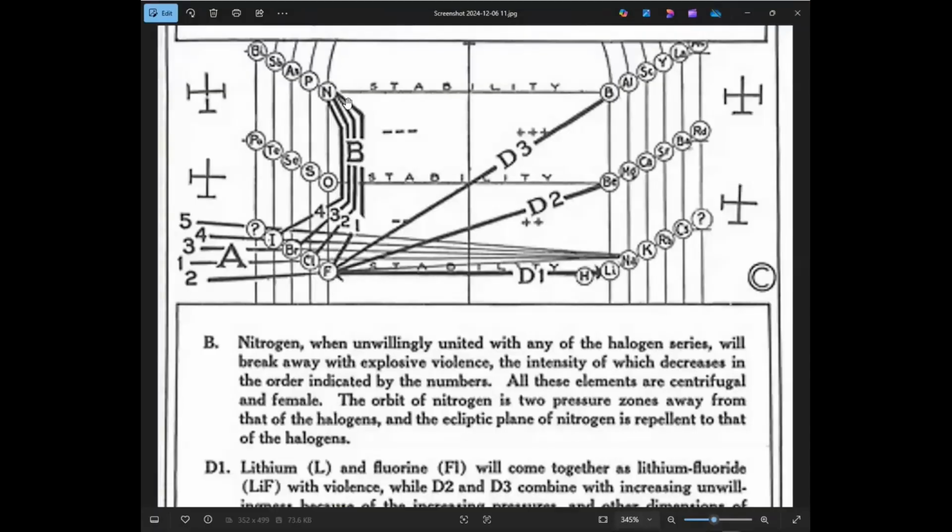We're trying to combine a negative of the 3rd pressure zone, a -3, with a -1 of fluorine. Then next would be chlorine, an octave higher, therefore higher potential, still negative. Then bromine, because we're going up the octaves as we go out. Finally, iodine, an even higher octave.